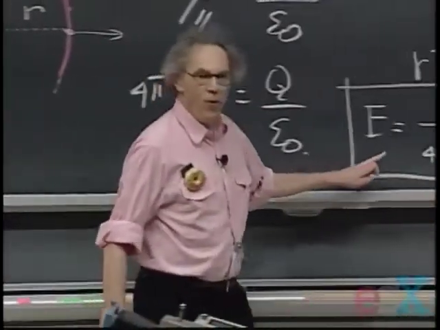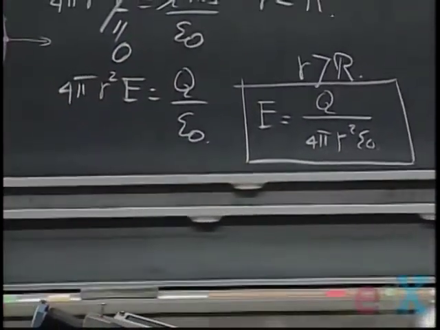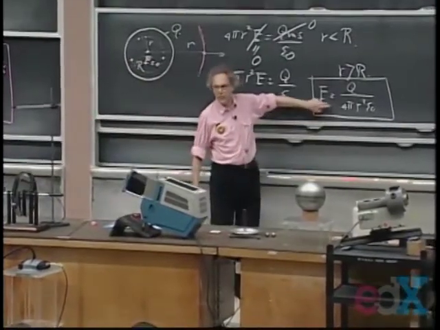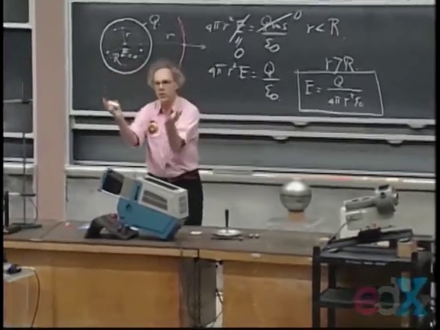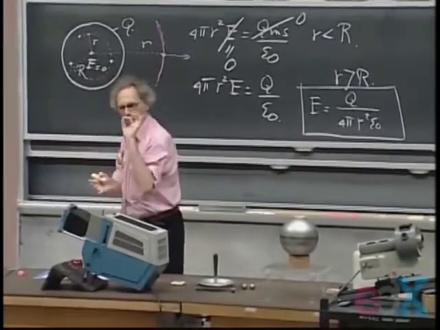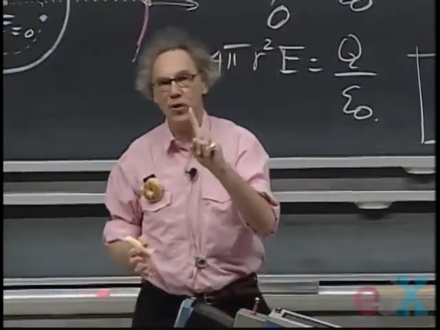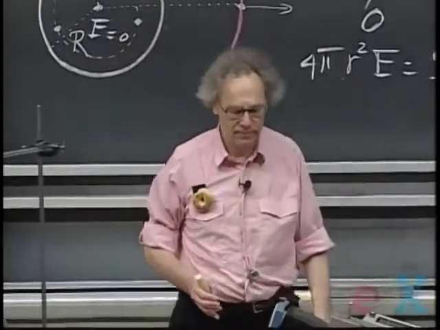We have seen this before. If I had put all the charge right here at the middle, at the center, we would have gotten exactly the same answer. We've seen that before. In other words, whether the charge is uniformly distributed over a sphere, or whether the charge is all of it exactly at the center of the sphere, that makes no difference for the E field as long as you're outside the sphere.